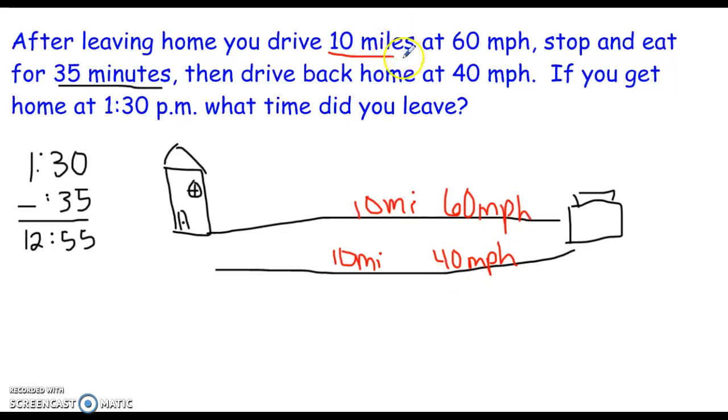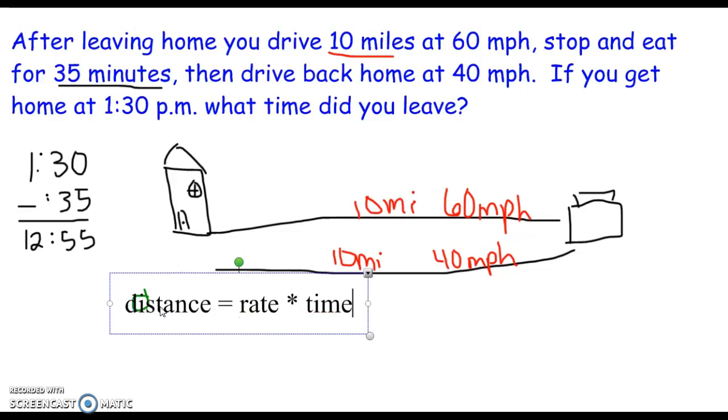So if I take a look at this, we can do a formula, which is, let's just type this, the distance equals your rate times your time. So if we use this formula, we see that 10 miles, that's our distance, has to equal our rate, which is our speed, times however long it took.